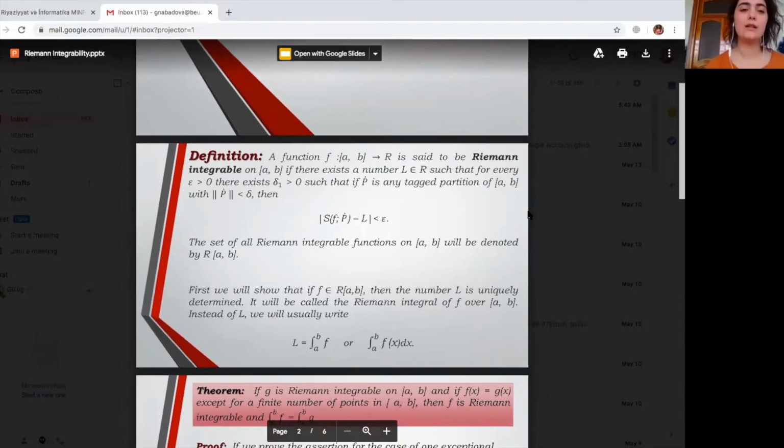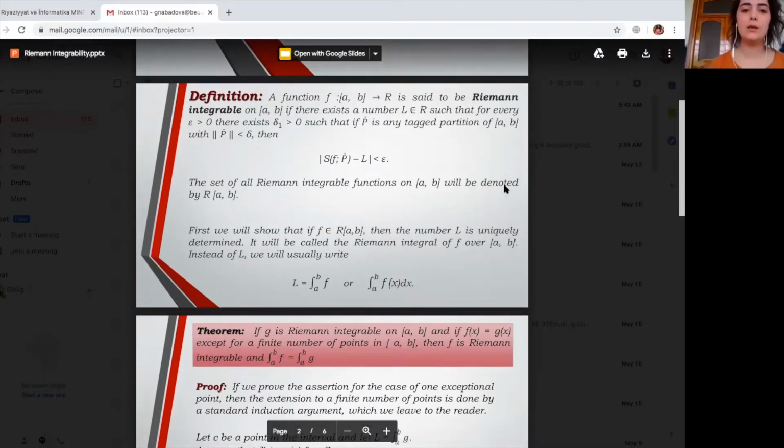A function f on closed set [a,b] is said to be Riemann integrable on [a,b] if there exists a number L in R such that for every epsilon greater than 0, there exists sigma greater than 0 such that if P is any tagged partition of [a,b], then |f(P) minus L| is less than epsilon.